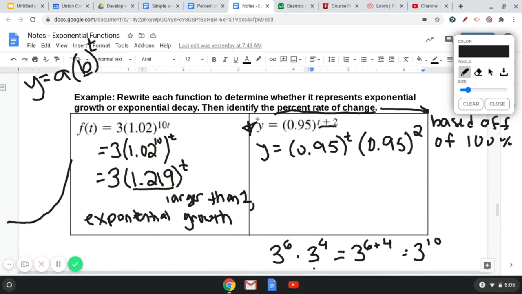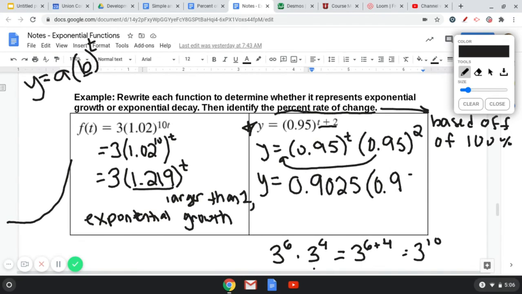And now we can use our calculator to evaluate 0.95 squared. And y'all, I'm also going to just go ahead and bring this to the other side and evaluate it. So this is 0.9025 times 0.95 to the power of t.